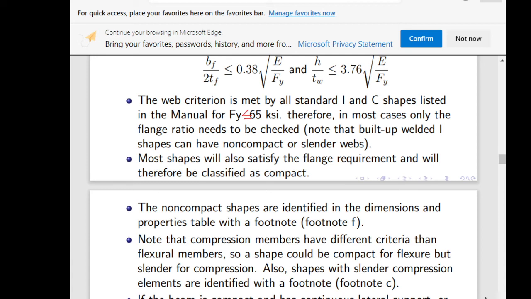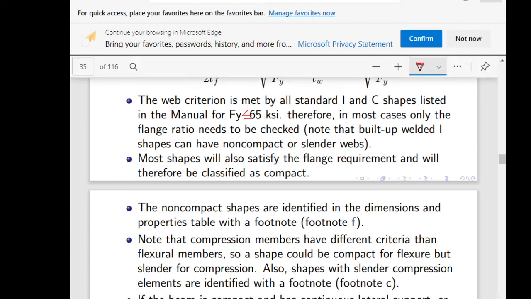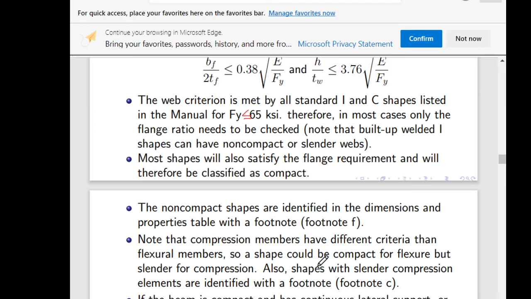Also, shapes with slender compression elements are identified with the footnote C. You have to check this one in the AISC manual, the noncompact shapes and also the footnotes C and F.